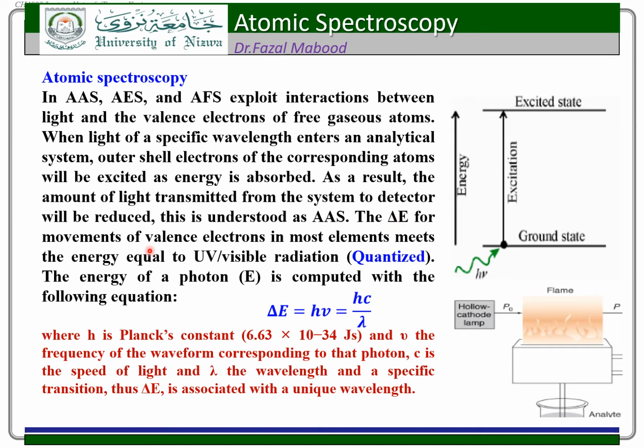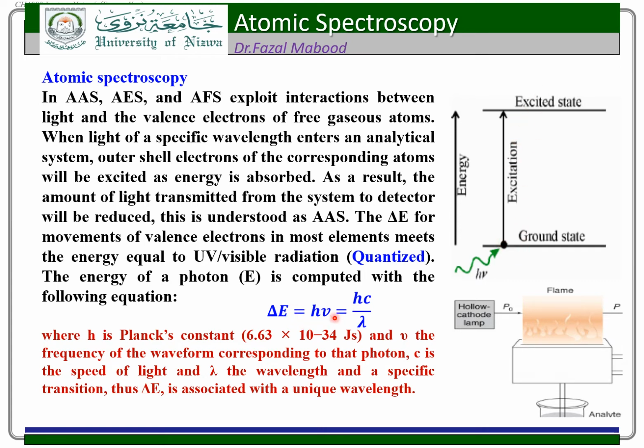The delta E for the movement of valence electrons in most elements equals the energy of ultraviolet or visible radiation. And this excitation, jumping of electron from here to here, is quantized. What is meant by quantized? It means only those wavelengths of radiation will be absorbed whose energy is equal to this energy difference.